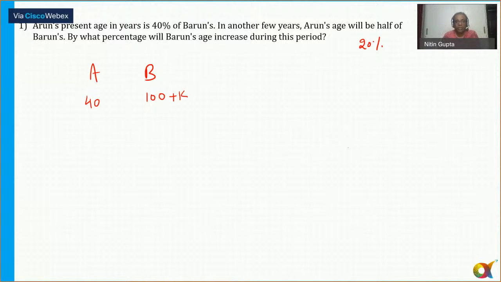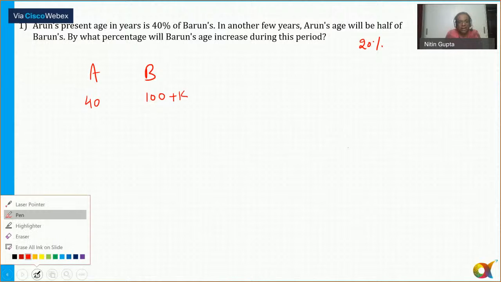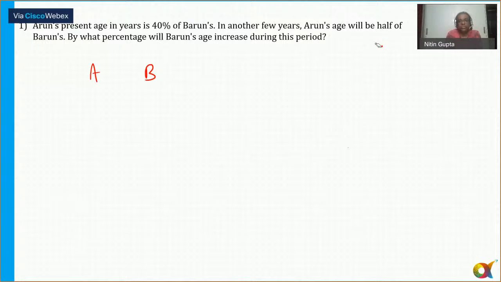Yes. So here it says Arun's present age in years is 40% of Varun. So let us assume that if the age of Varun is equal to 100, the age of Arun is 40.